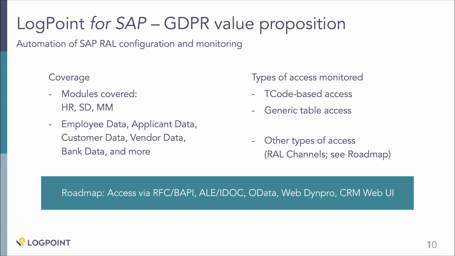The types of access that we monitor are transaction code-based access and generic database table access in an SAP system. Other types of access, meaning other read access log channels, are on our roadmap, for example, access via remote function calls or web UI-based access to an SAP system.